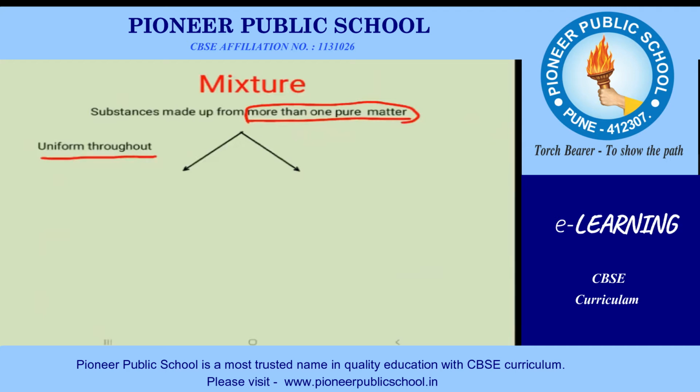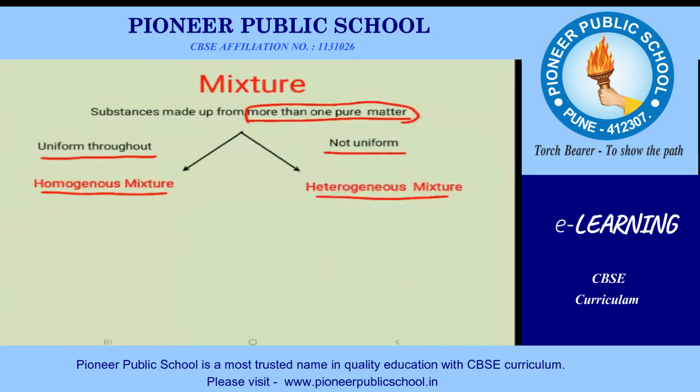When more than one pure matter comes together, if they mix uniformly throughout their bulk, then they are called a homogeneous mixture. And if these pure matters do not mix with each other uniformly, then obviously they are called a heterogeneous mixture. So students, you have studied the two types of mixture. First is homogeneous mixture and second is heterogeneous mixture.